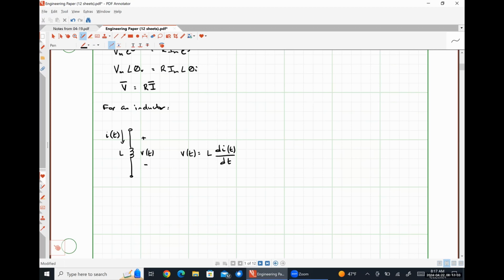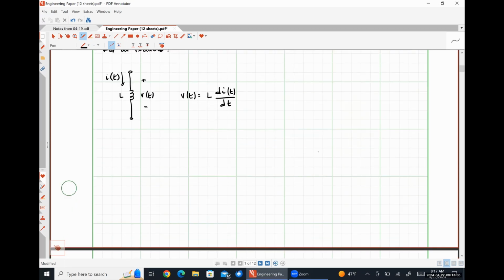So if we substitute in our complex number relationships into this expression, what we wind up seeing is Vm e to the j omega t plus theta V is equal to L times the derivative with respect to time of Im e to the j omega t plus theta I. If I perform that derivative, the Im is a constant, so it's going to come out.